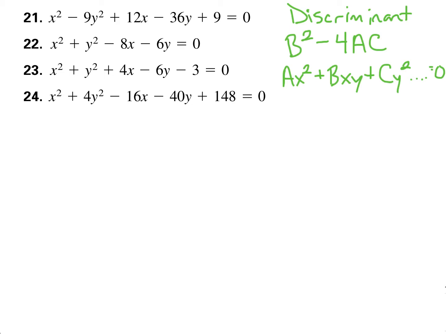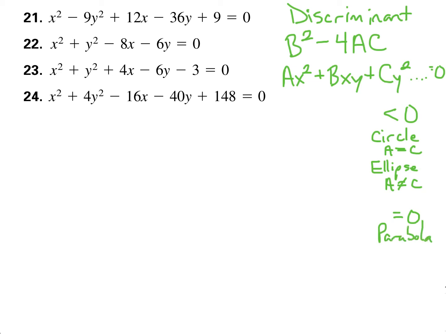And we said that if it's less than 0, it's a circle if a is equal to c, and it's an ellipse if a is not equal to c. If the discriminant is equal to 0, then it's a parabola. And if the discriminant is greater than 0, it's a hyperbola.